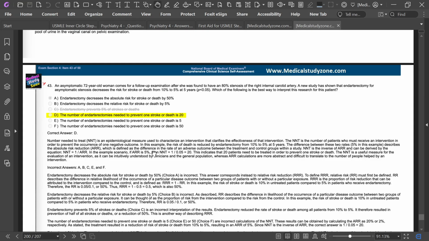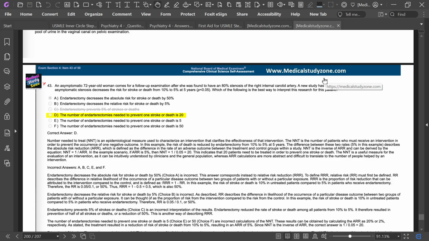Number needed to treat is the inverse of ARR and can be derived by the equation: number needed to treat equals 1 by ARR. In this example, 5%. Okay, now I got it. The number needed to treat is 1 by 5%, which means 0.05. That means 20.